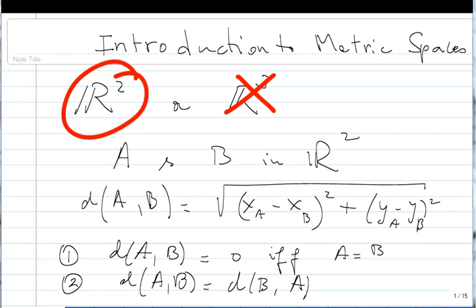That's known as the symmetric property of the distance.